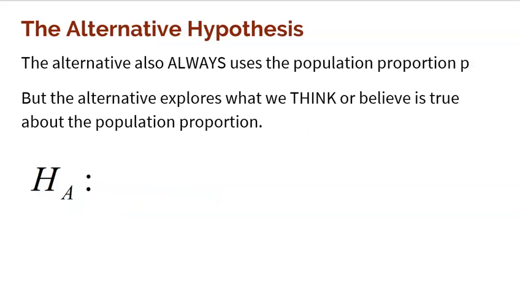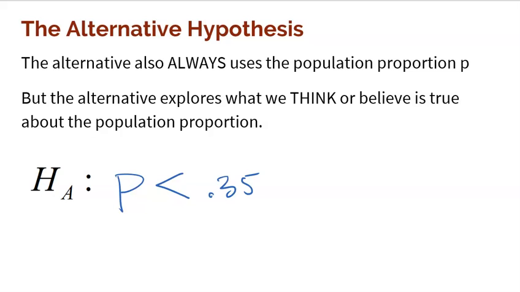Now the alternative also uses the population proportion P, but it explores what we believe to be true. Now in the example that we started off with, we believe that the proportion of adults that experience depression in our town, or at least this mayor's town, is less than 35%. So again, notice I'm still using the true proportion P, but I'm looking for evidence to show that it's less than 35%, 0.35.